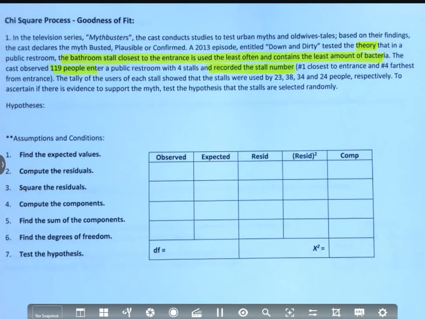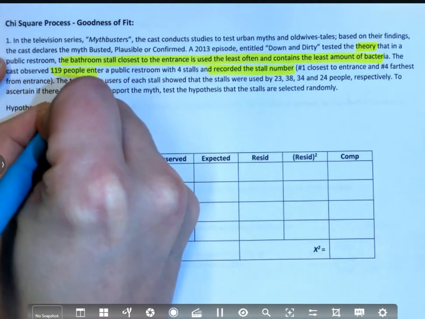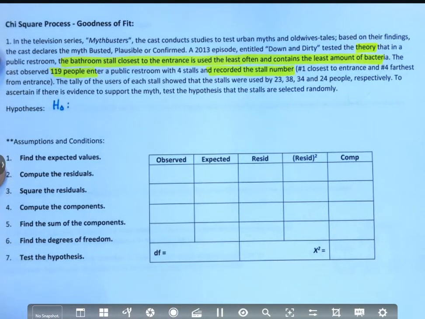When we do all of our general hypothesis tests, especially when we're looking for differences, our null hypothesis is usually that there is no difference, where the alternative is that there is some kind of a difference. For the goodness of fit model, our null hypothesis is going to be that there is no difference.